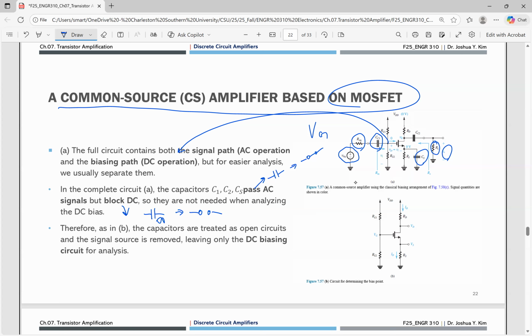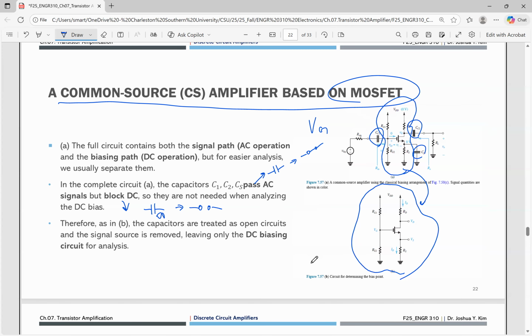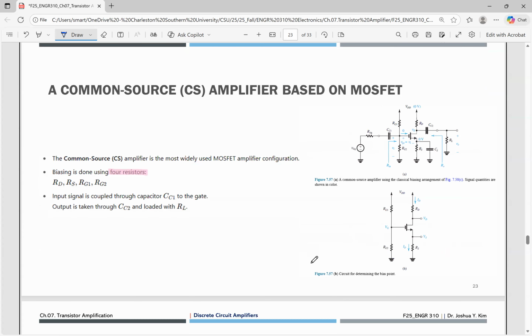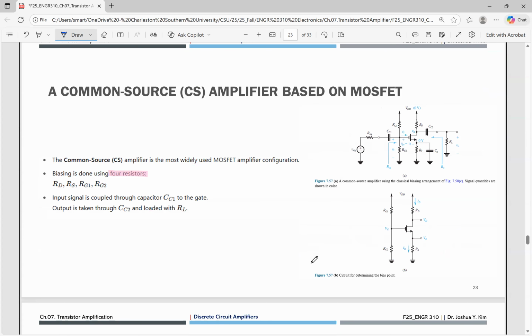As I said before, the capacitor is an open circuit, so the only remaining part is the voltage divider bias circuit: R sub G1, R sub G2, R sub D, R sub S, and so on. For the common source amplifier, the biasing uses four resistors, R sub G1, R sub G2, R sub S, and R sub D, with terminals D, S, and G.